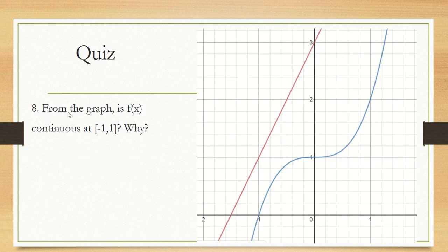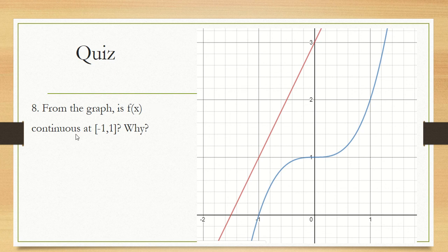Number 8, from the graph, is f of x continuous on the closed interval negative 1, 1? And why? So we have negative 1, 1, from here up to here, the closed interval negative 1, 1, and we know that there is no point of discontinuity, then we can say that this is continuous.